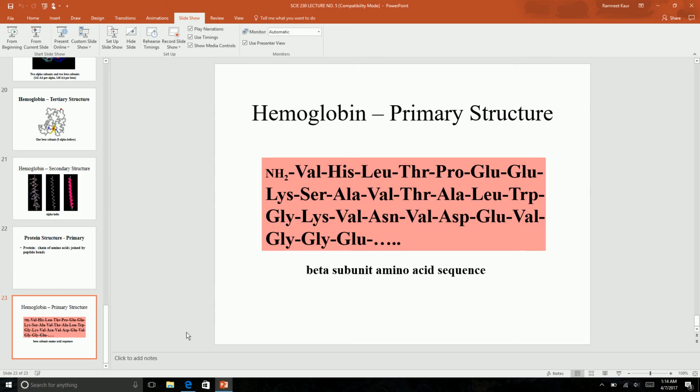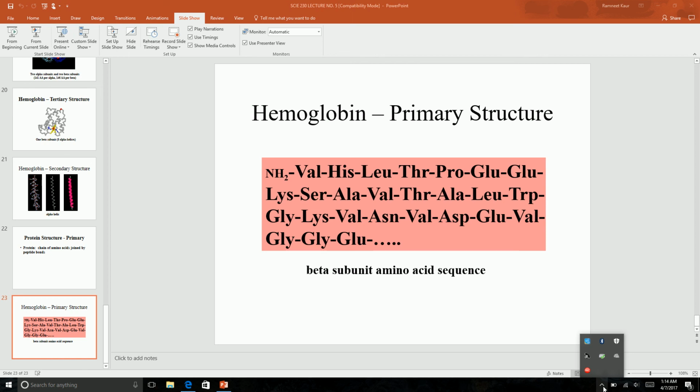It's very important to know the structure of protein because in next week's lecture we are going to talk about various tools. We are going to actually make use of bioinformatics tools, and we are going to make a model of the structure of the protein.